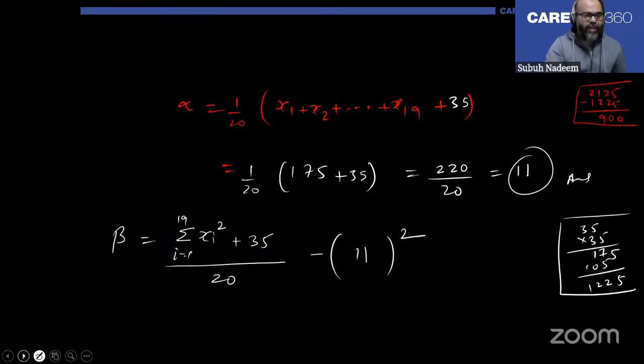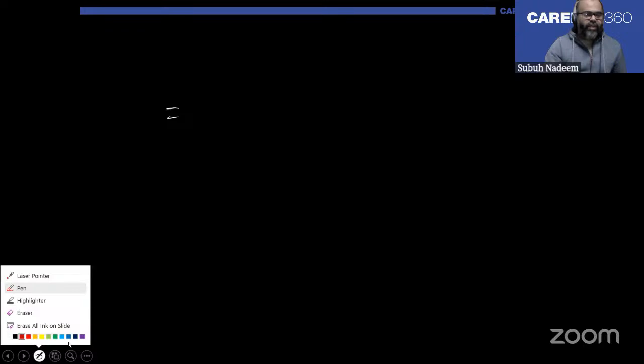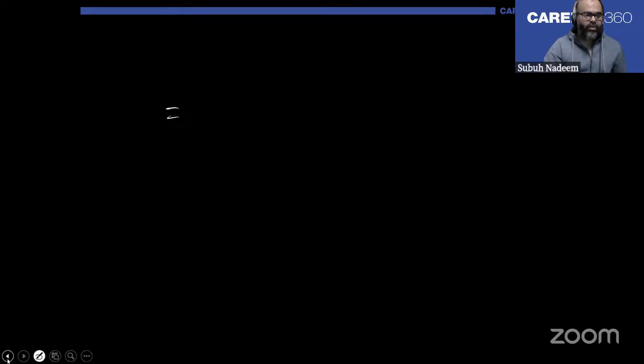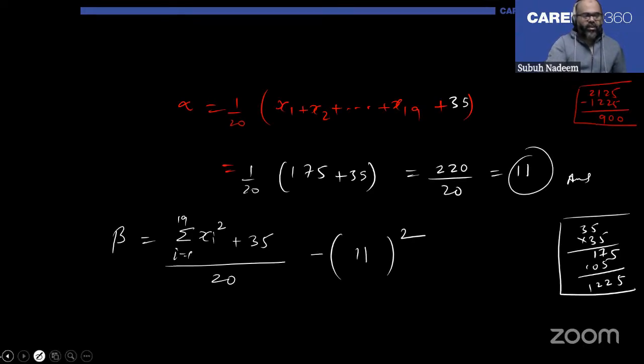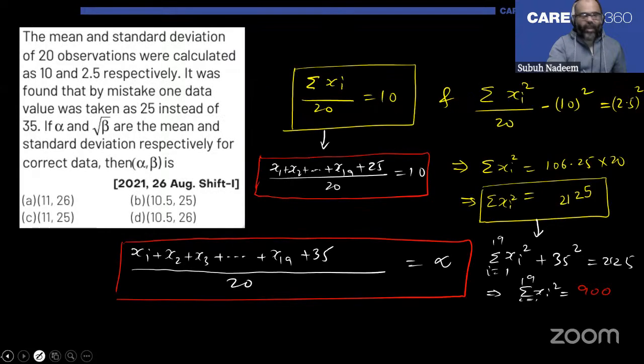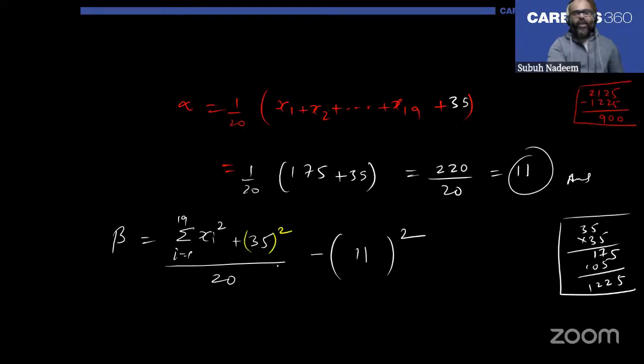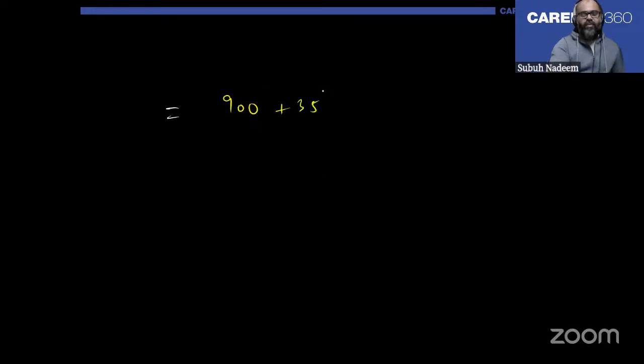So sigma xi square, where i is equal to 1 to 19, you are getting as 900, plus the last observation is 35. Correct observation is the square of that, so plus 35 square.